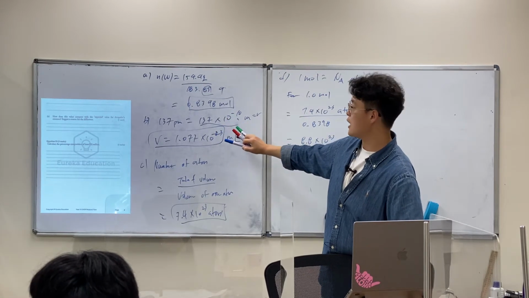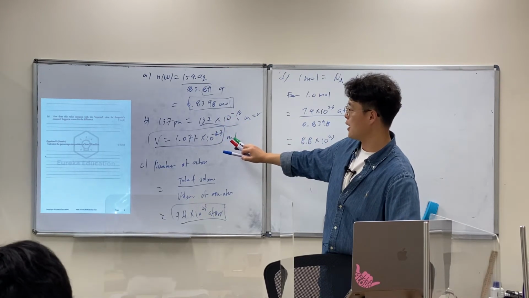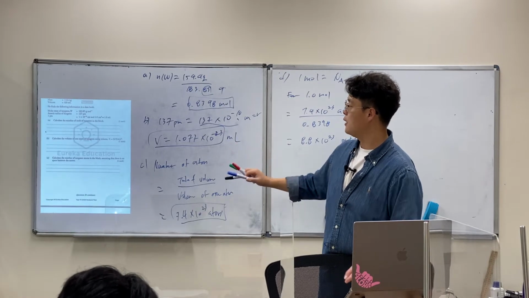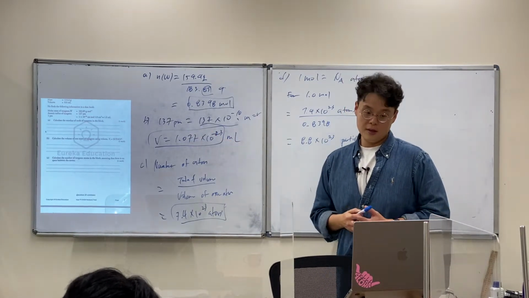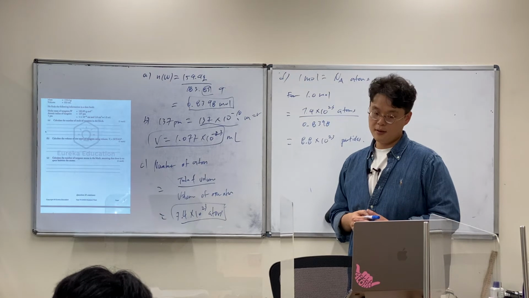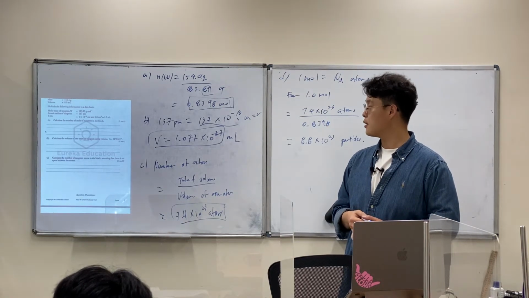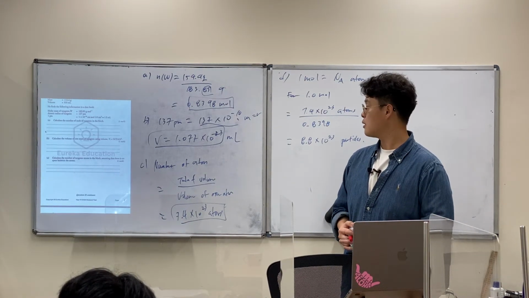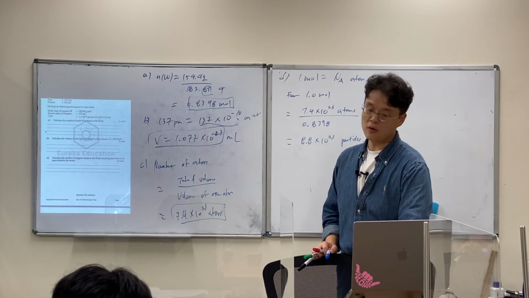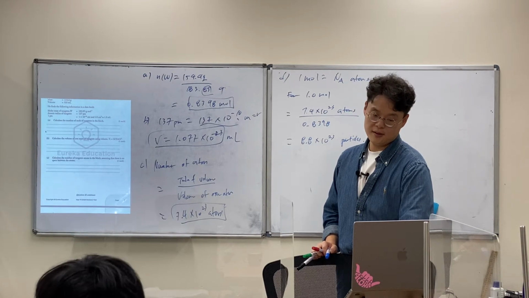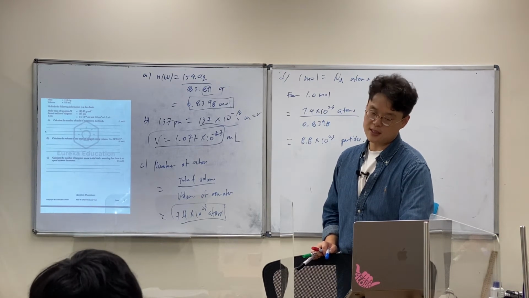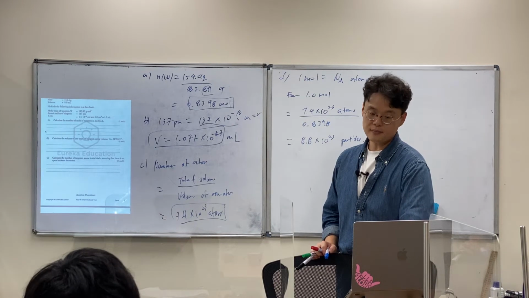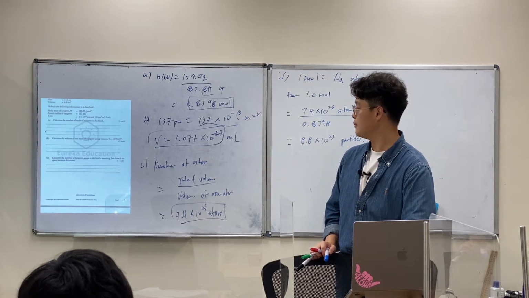Put it into the volume formula, which is 4/3 pi r cubed. Isn't it 4 over 3 pi times 137 times 10 to the power of negative 10? Yes, and the cube. Everything cubed. Yeah, that's a common mistake too.